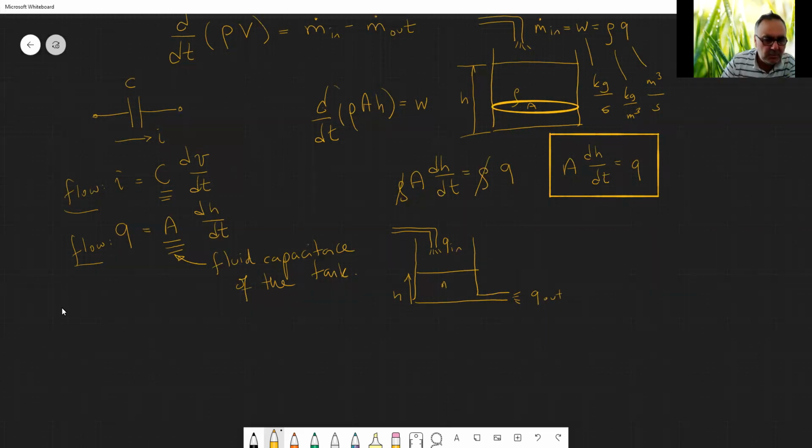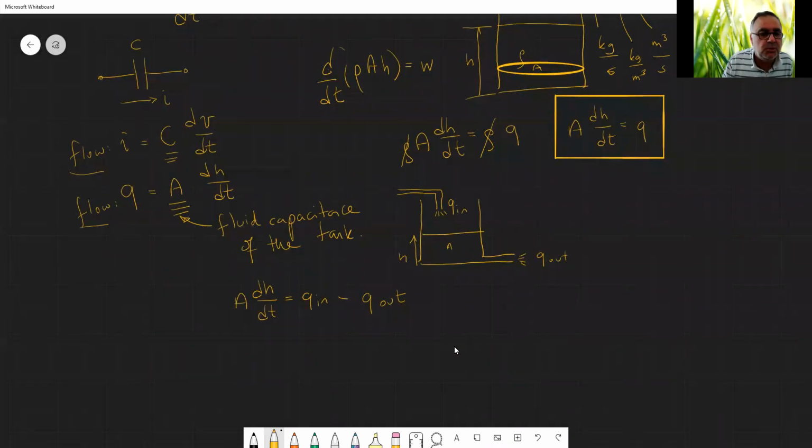Okay, now the equation that describes this system is A dh/dt is equal to Q in, as before, there is nothing different here, minus the output flow, Q out. Okay? We didn't describe this Q out yet.